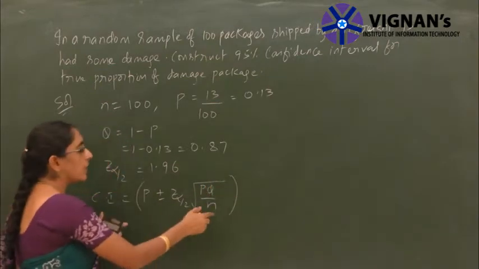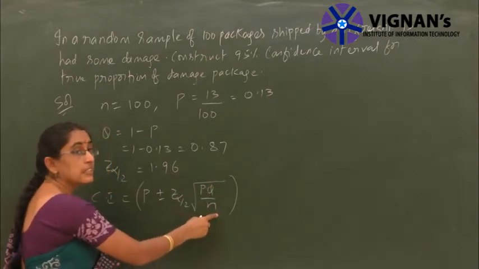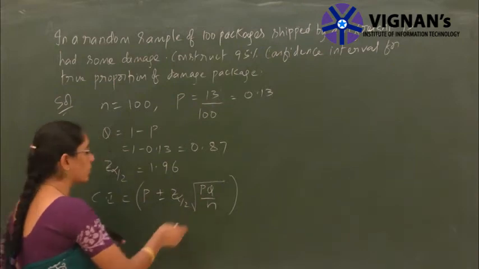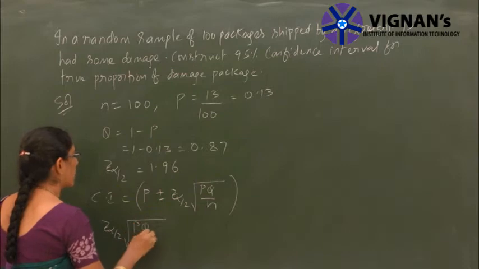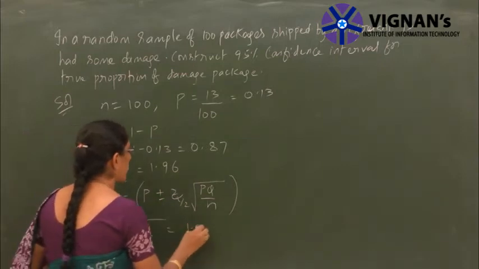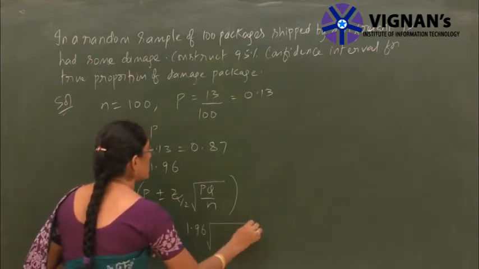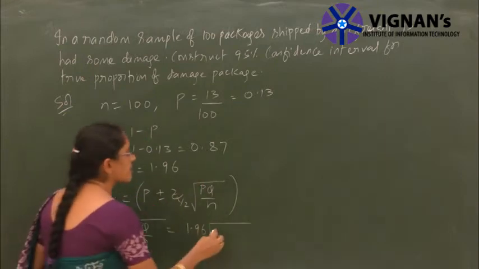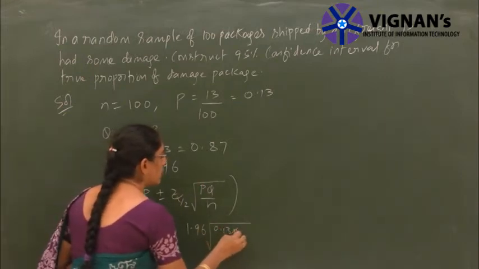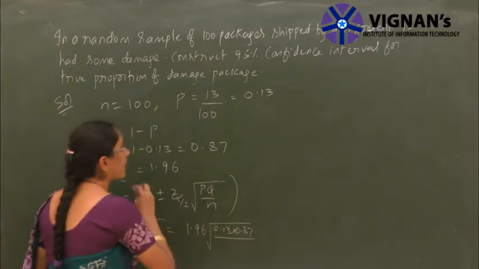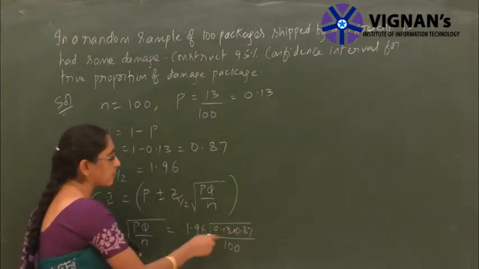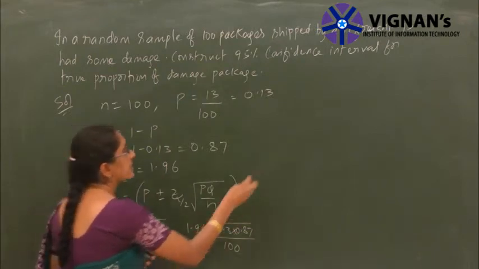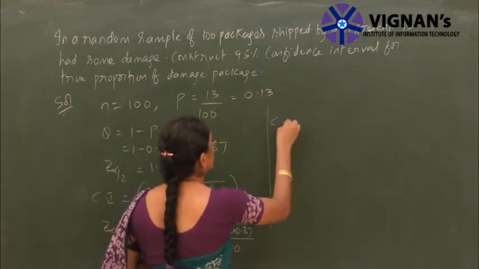Here also we first find Z alpha by 2 into square root of PQ by n, which means 1.96 into square root of 0.13 into 0.87 by the sample size 100. First we simplify this part, then multiply with 1.96.